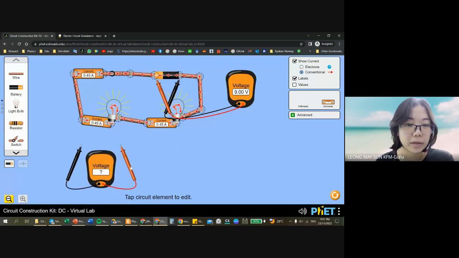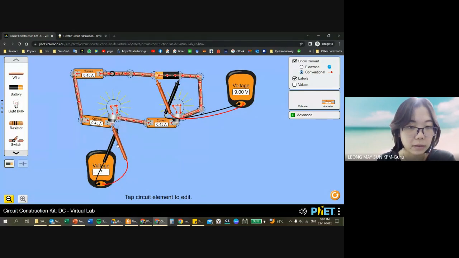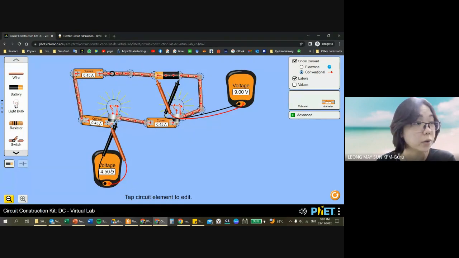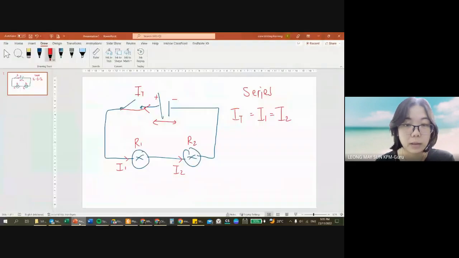The potential difference across the first light bulb, reversed because of the battery again, is 4.5 volts. So I'm going to label that. The potential total from the battery is 9 volts. Across the first resistor, I label that as V1. It is 4.5 volts also.